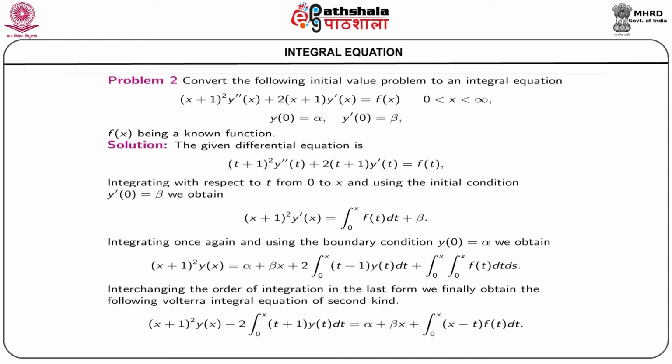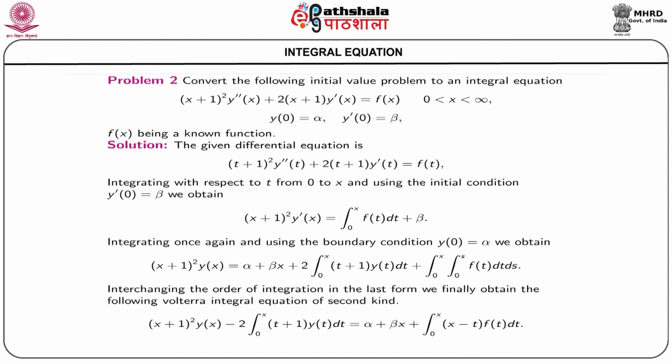And we integrate this equation with respect to t from 0 to x and use the initial condition y dash at x equal to 0 equal to beta to obtain the relation given by x plus 1 whole square y dash x equal to integral 0 to x f t dt plus beta.